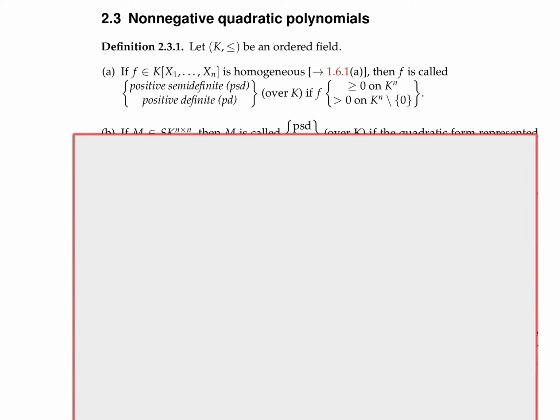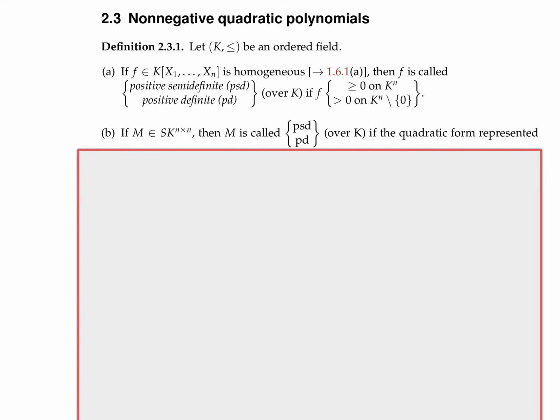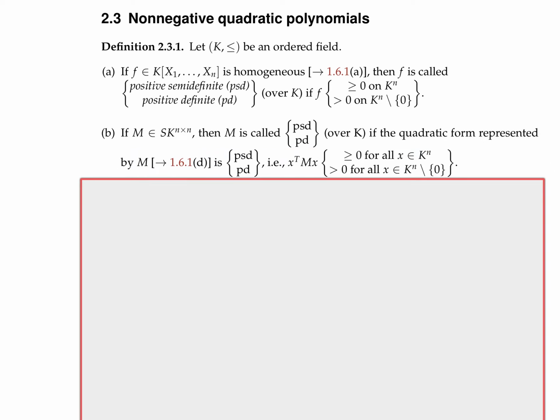And if M is a symmetric matrix over K, then M is called PSD, respectively PD over K, if the quadratic form represented by M is PSD respectively PD. That means x transposed M x is non-negative for all x in K to the n, respectively it is positive for all x in K to the n without 0.